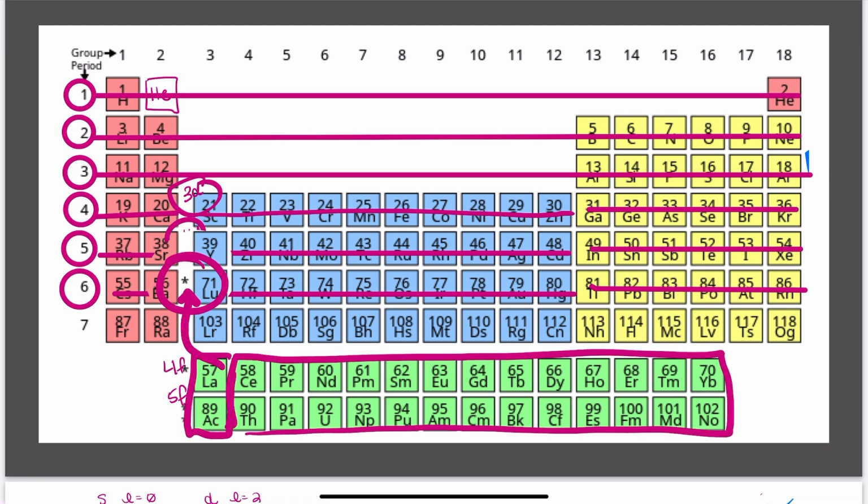So the moment you get down into here, your 6s, 5d, you then fill 4f, then you finish filling the 5d. So it actually looks a little weird when you're filling them, but it goes like 6s2, 5d1, 4f14, and then you finish filling your 5d's. So if I have a species, let's say tungsten right here, actually, tungsten's one of the ones that looks a little funky, so let's do a different one in here.